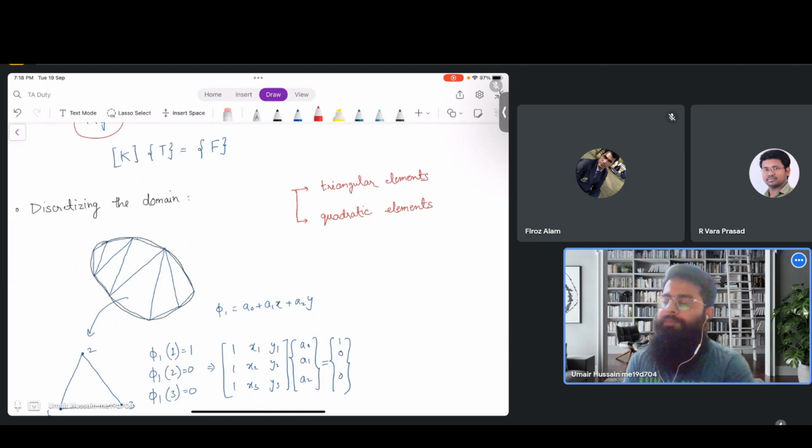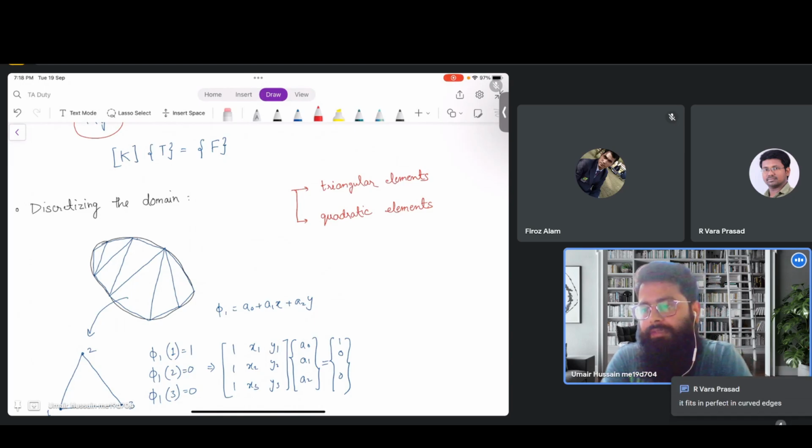Why do you think triangle is better? It fits perfectly in curved edges. Ah, that is right. So you mean to say that rather complicated geometries can be very easily covered with triangles, right? Yeah, that is one good advantage of triangular elements.